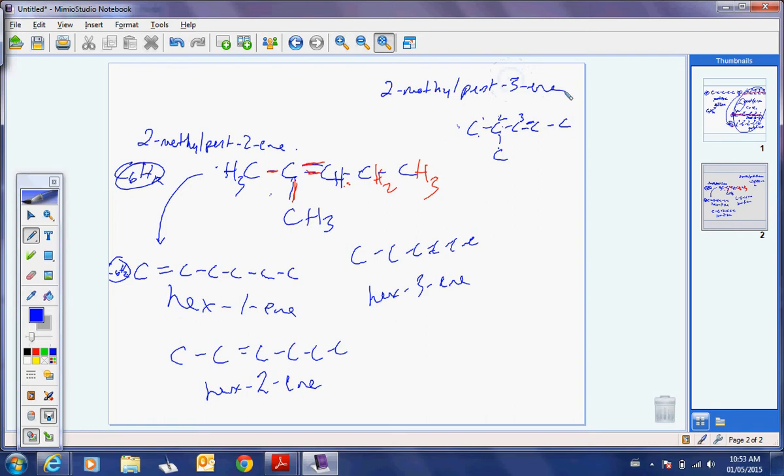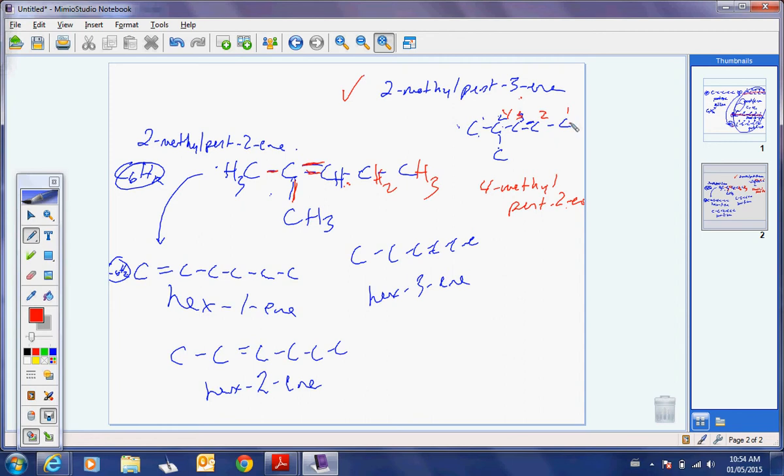3-ene, or if we numbered it right to left, it'd be numbered 1, 2, 3, 4. So now we've got 4-methyl pent 2-ene. This adds up to 6, that adds up to 5. So this is the lower numbering system, so that gets its name. I'll say that again slower.